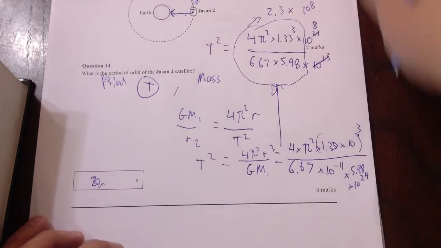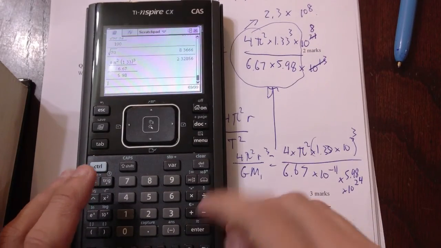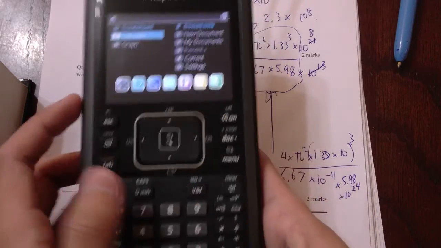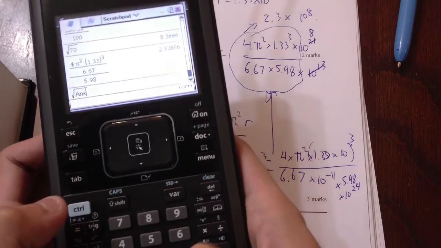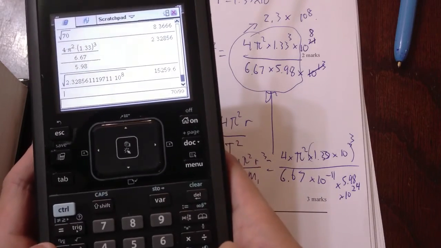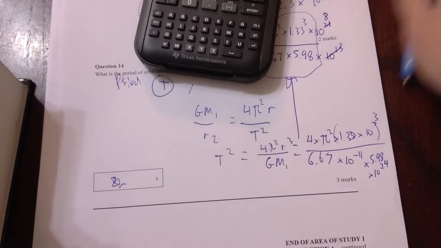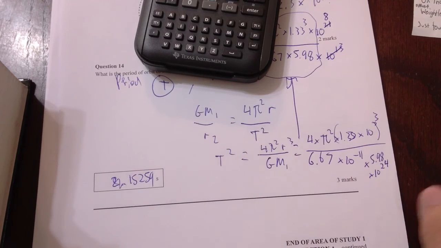That is not right. So yeah, I like to take it in steps because otherwise I make mistakes. Sometimes I make mistakes anyway, can't avoid them. Square root of our answer times 10 to the power of 8 gives us 15259 seconds. Okay, great. And that's it.